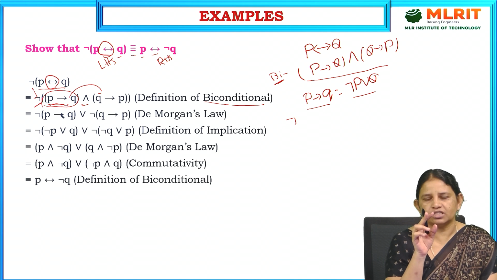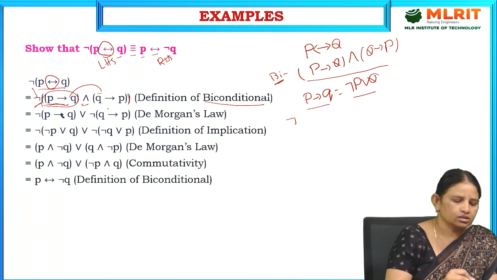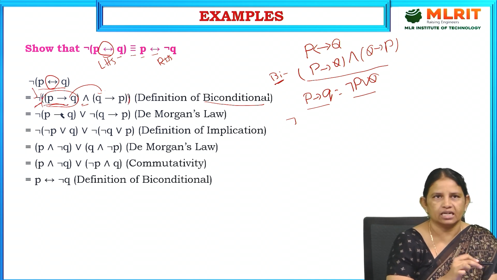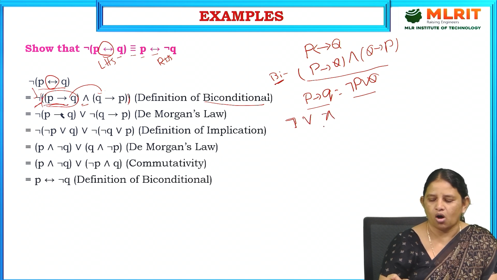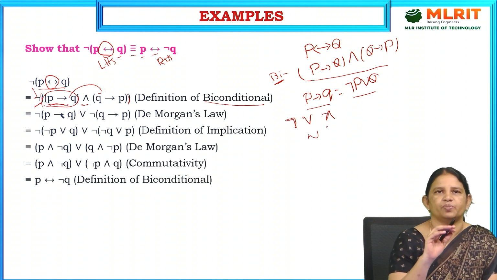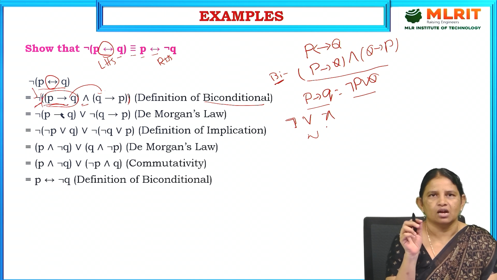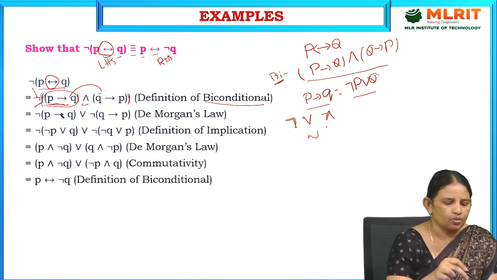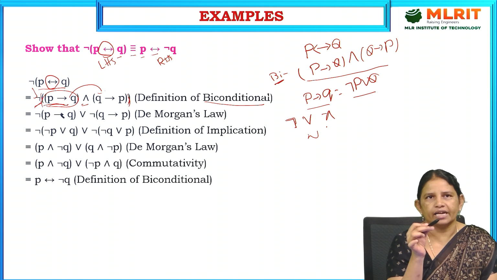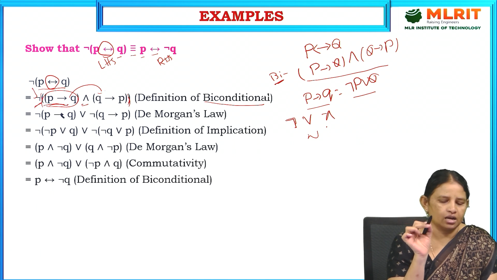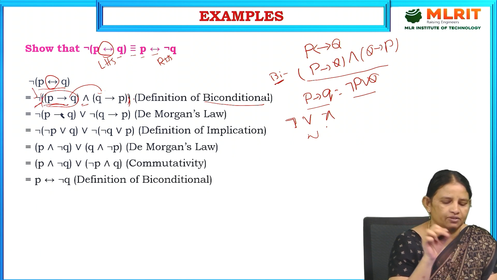First, the parenthesis gets cancelled. Second, AND becomes OR and OR becomes AND. That means it will be reversed. Apply De Morgan's law to the given proposition.